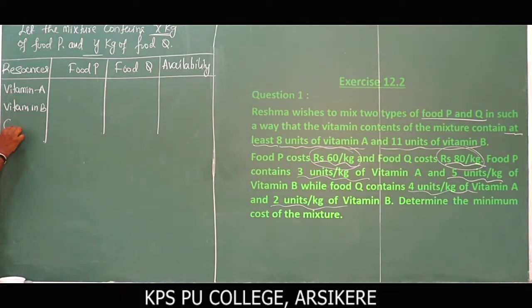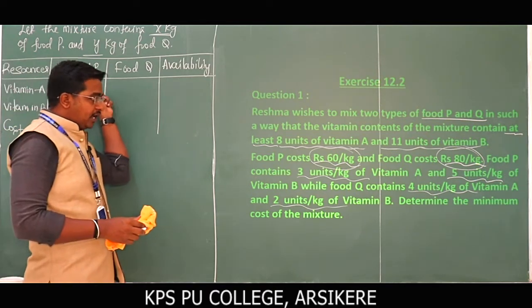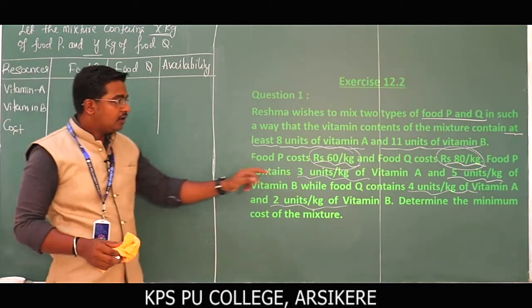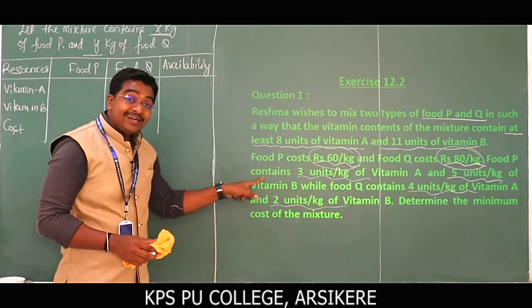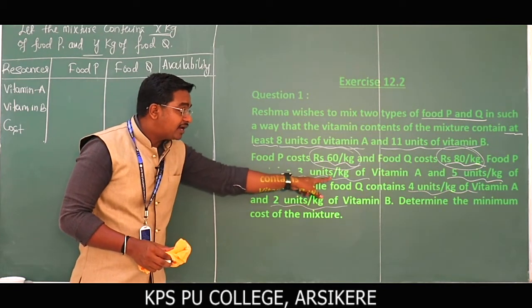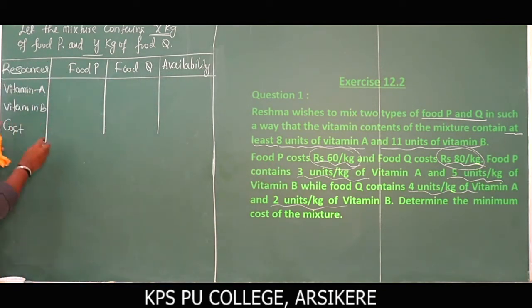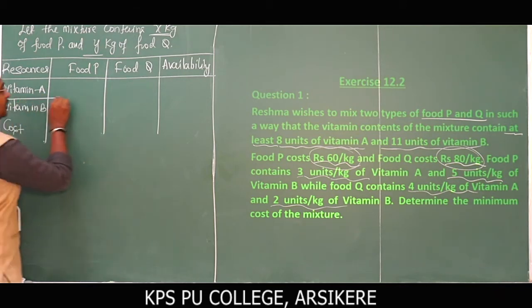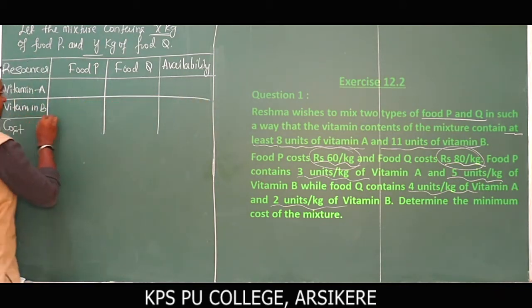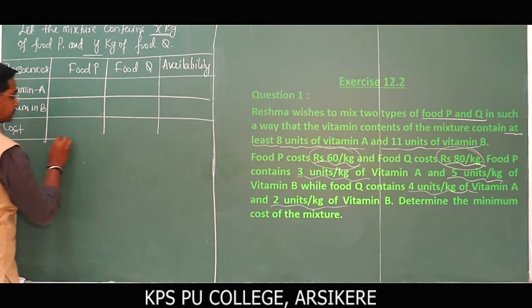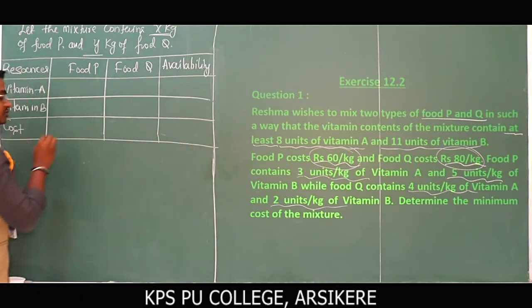First, vitamin A. For food P, what do we have? Look, food P contains 3 units per kg of vitamin A. Observe here, so food P has 3 units of vitamin A per kg. 3 units means you write here 3.